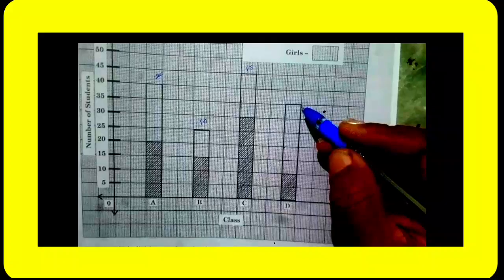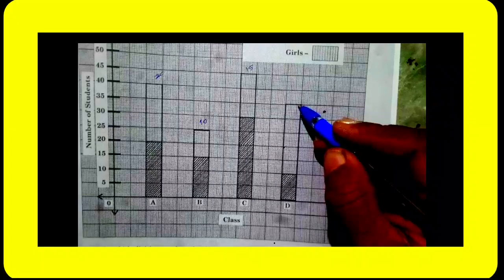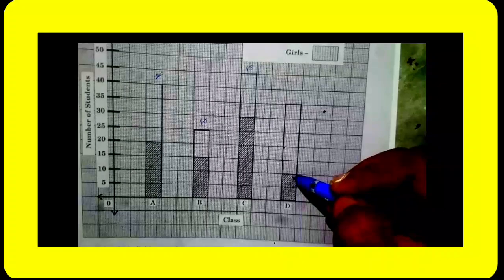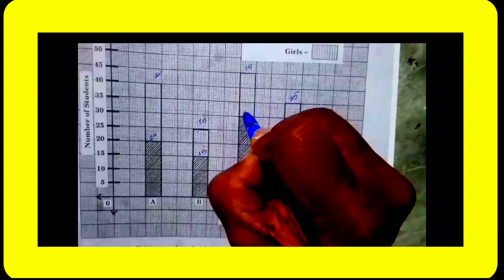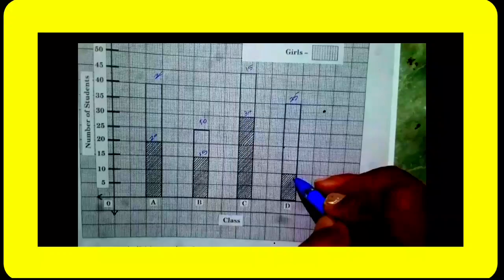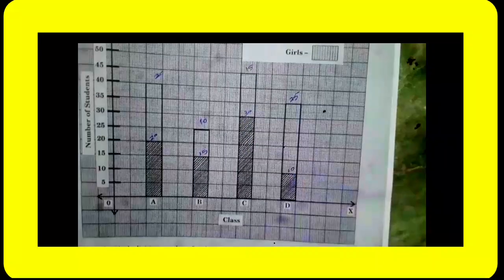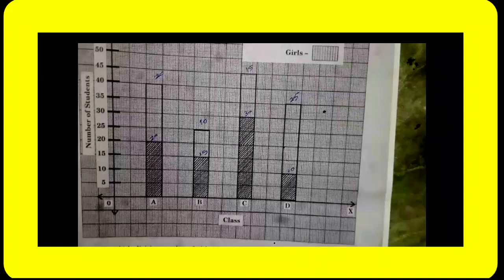And in D, 35 minus 10 is 25 girls. This is 20, this is 15, this is 30, and this is 10. C is our answer.